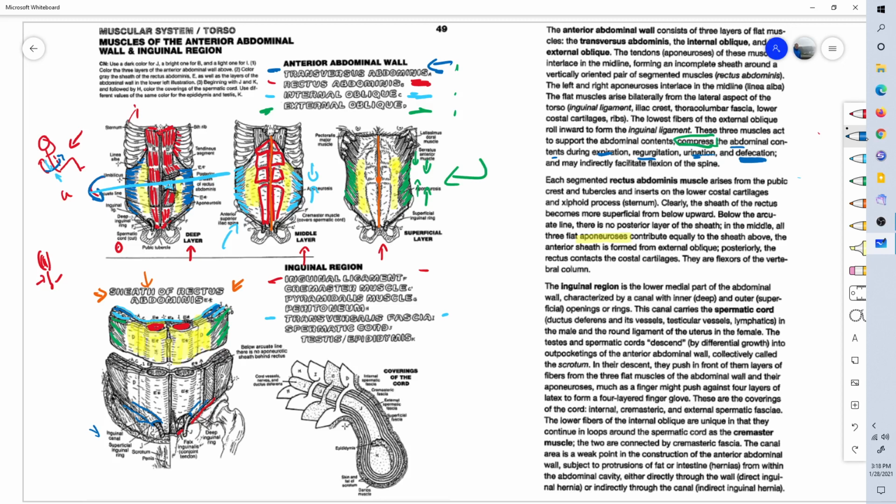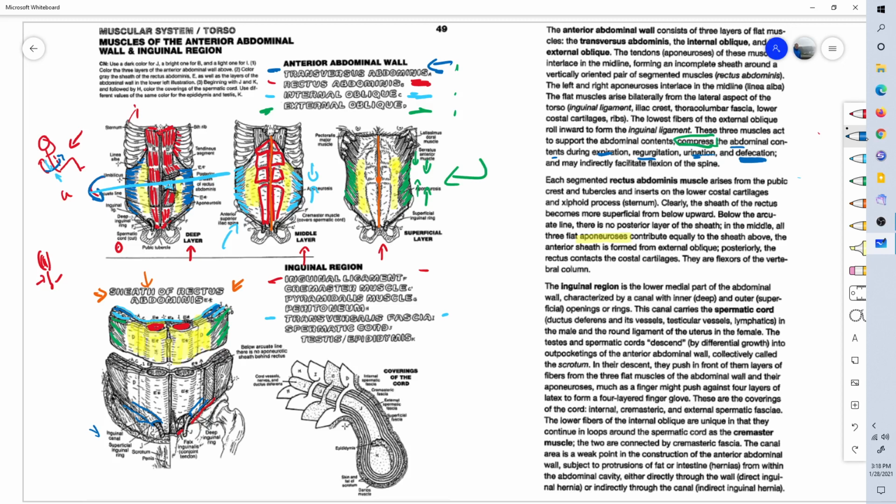There's the canal right above the inguinal ligament. But what is piercing through from the gut and from the pelvic region inside of us to the outside?